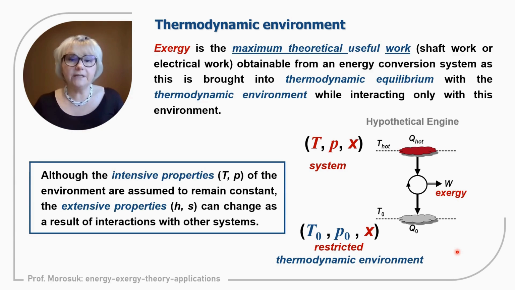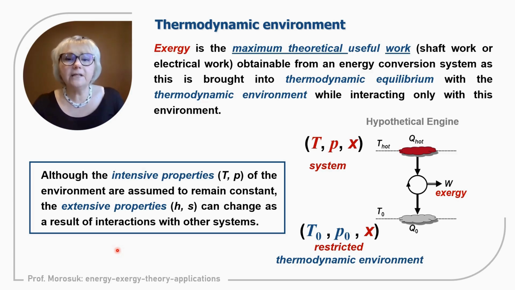For this restricted thermodynamic environment, there is a very complex definition. Now I will read this sentence. Usually it is very difficult to understand theoretically, but later we will have examples and you will understand that it is not difficult to follow.